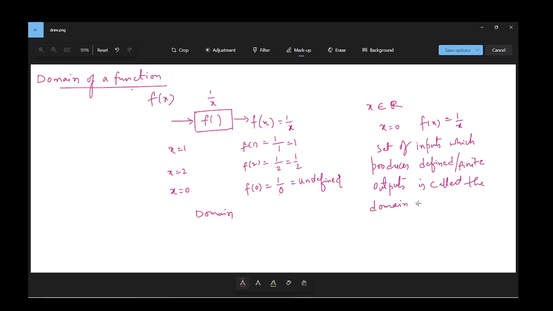It's called the domain of the function, or the set of inputs which has defined outputs is called the domain of the function.